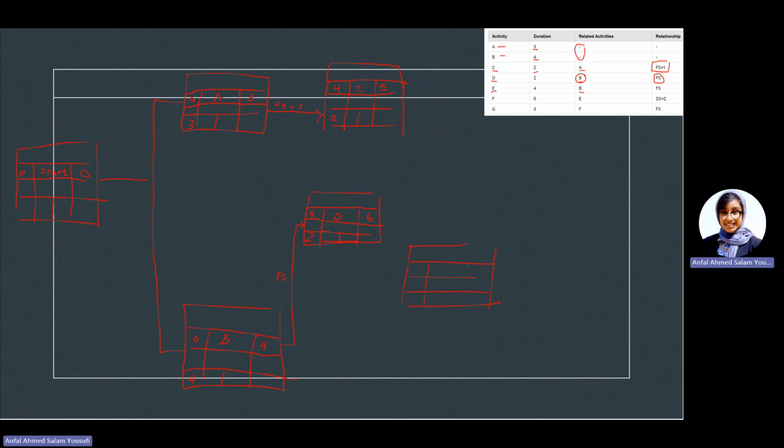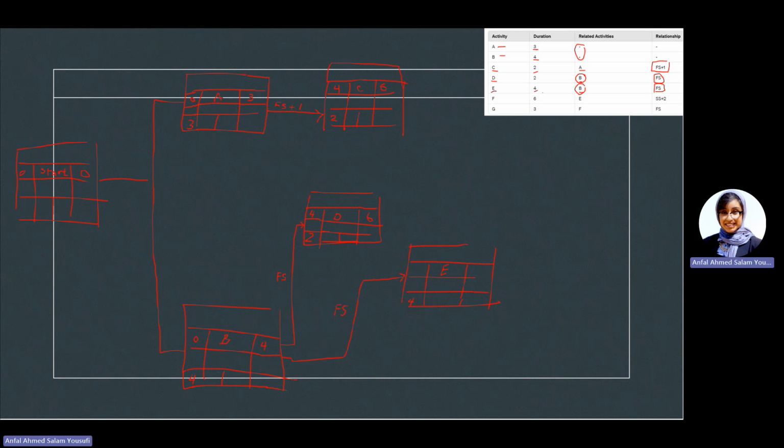So this is my E. We said E has a duration of 4, the related activity is B, and the relationship is FS, meaning I'm supposed to finish B and then I can start E. That is FS: finish one, start the other.